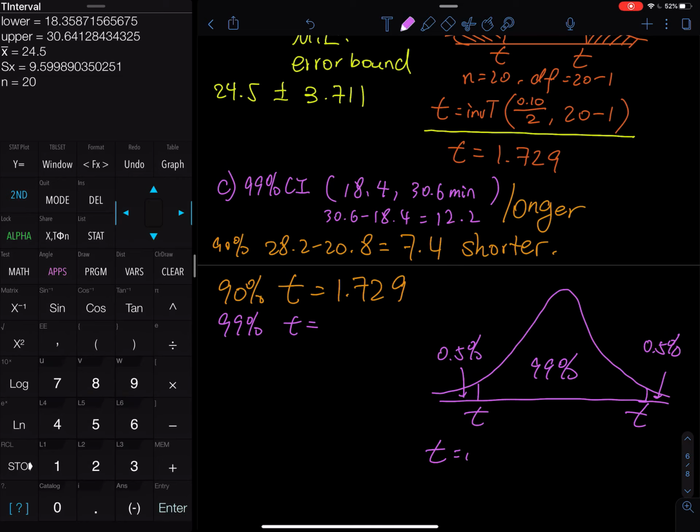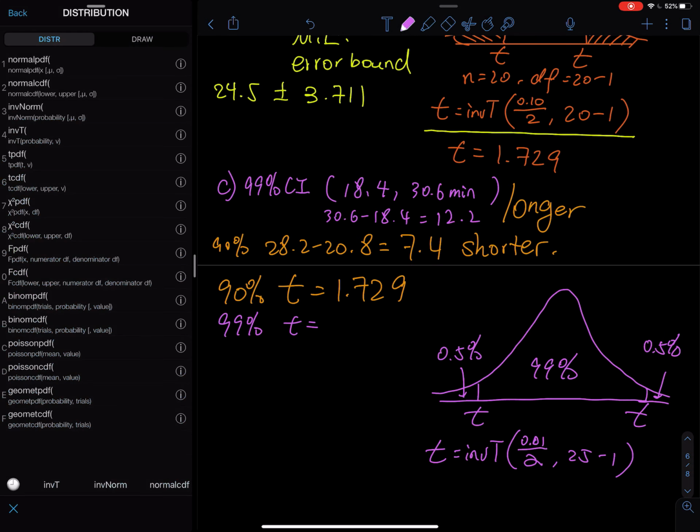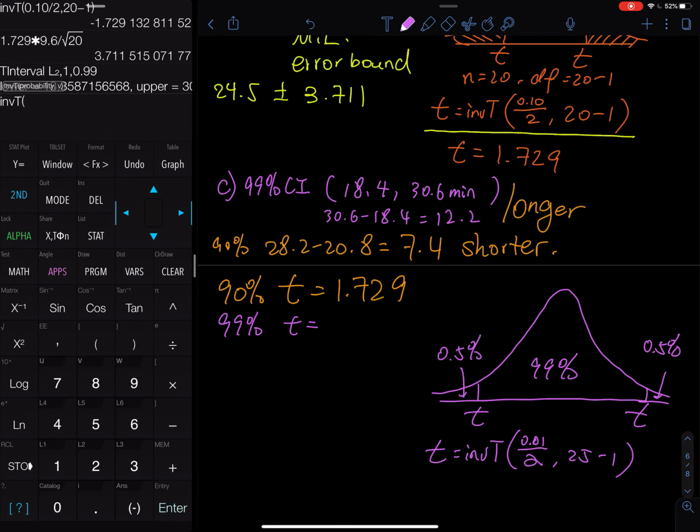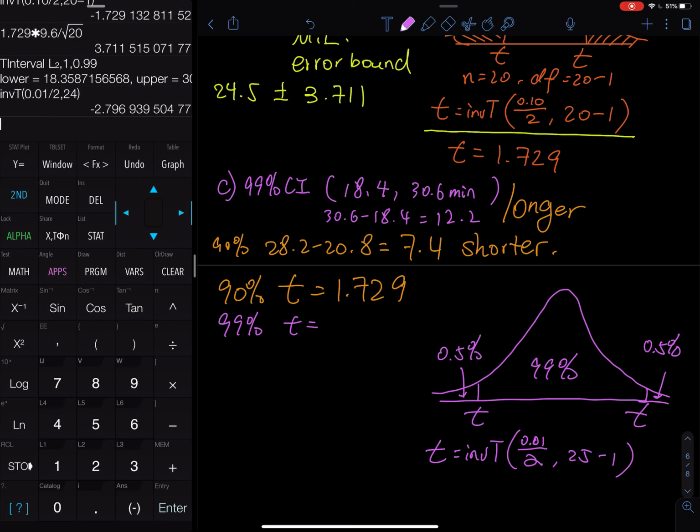So the t equals inverse t, and then you have 1% divided by 2, and 25 minus 1. Let's check out what that equals. Second vars, inverse t, 1% divided by 2, comma, 24. So that is equal to 2.796.